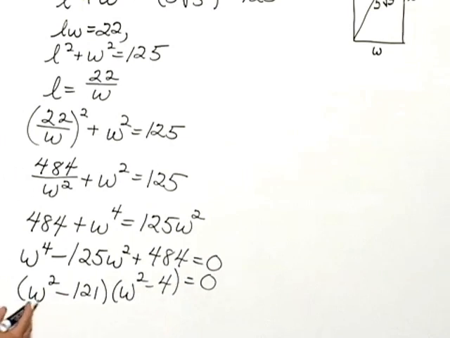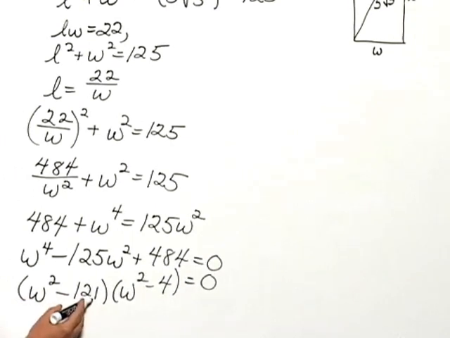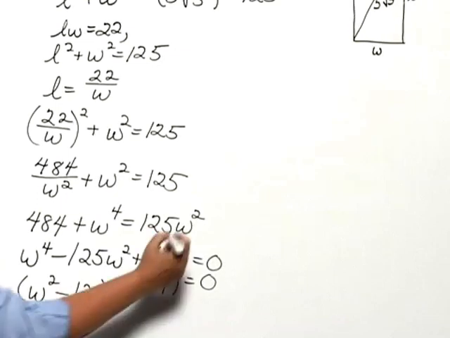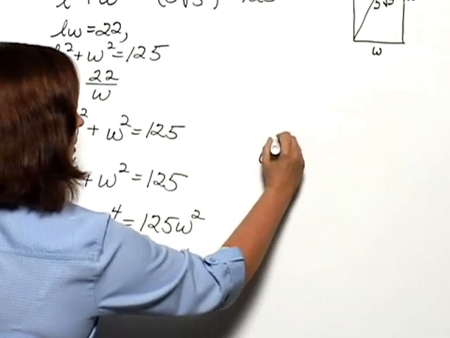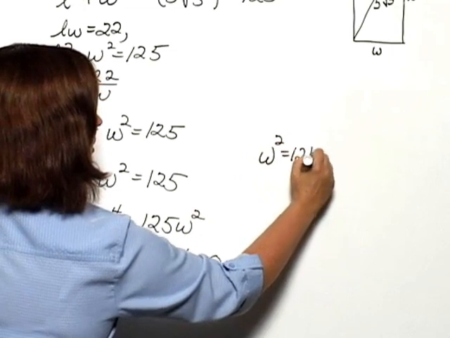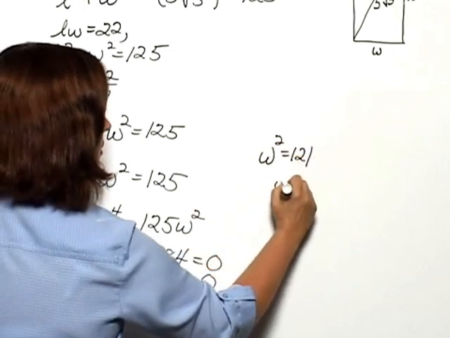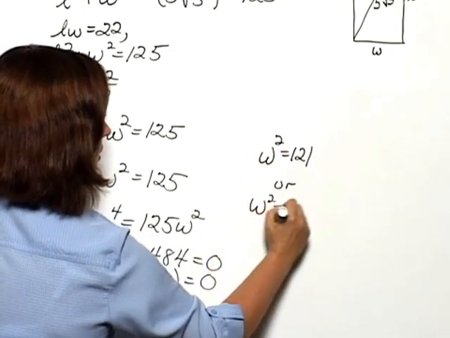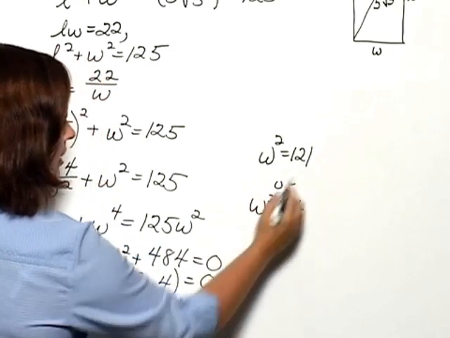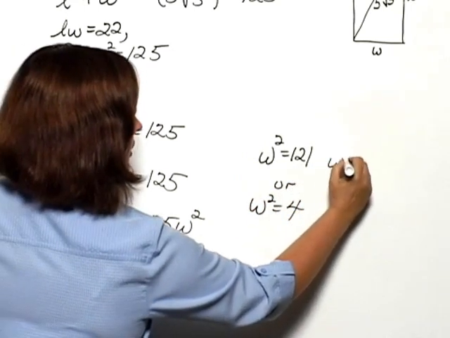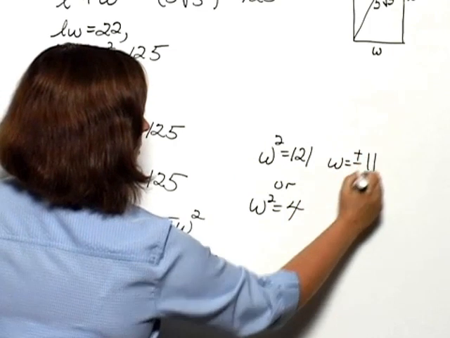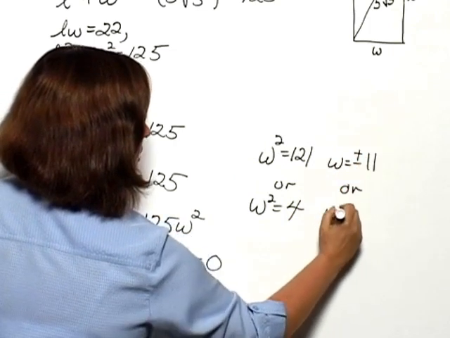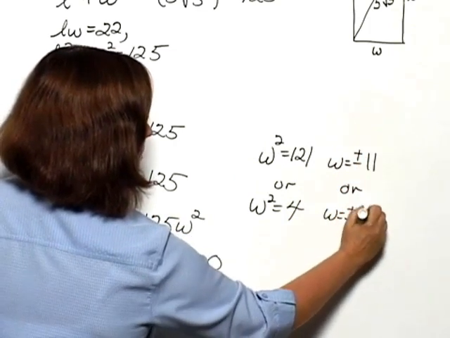Now we know here that W squared has to equal 121, or W squared equals 4. This tells us that W equals plus or minus 11, or W equals plus or minus 2.